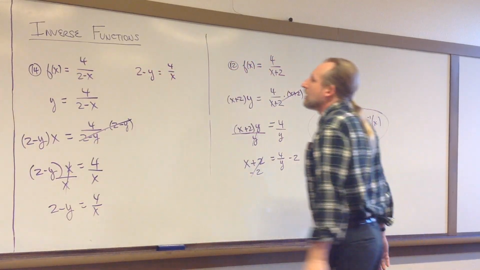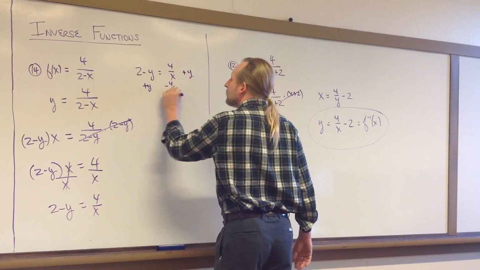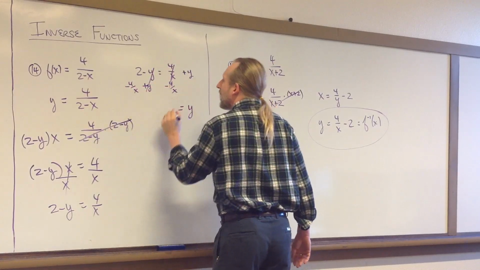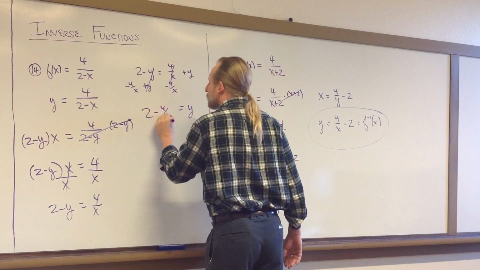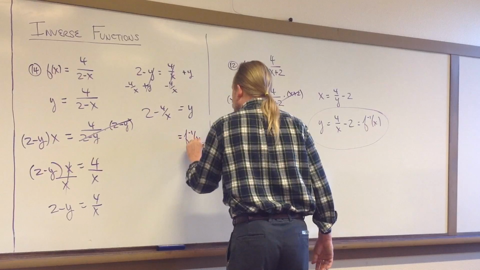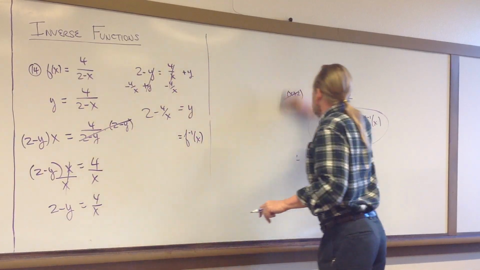Okay, let's see here. I'm going to add y to this side and subtract 4 over x on both sides. So this will be y equals 2 minus 4 over x, and that is our inverse function.